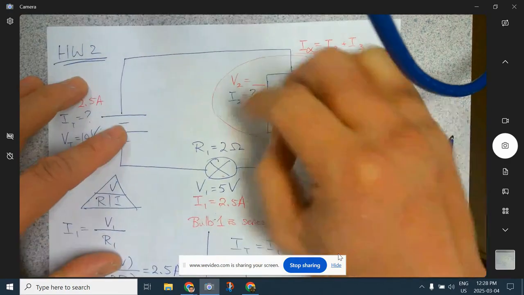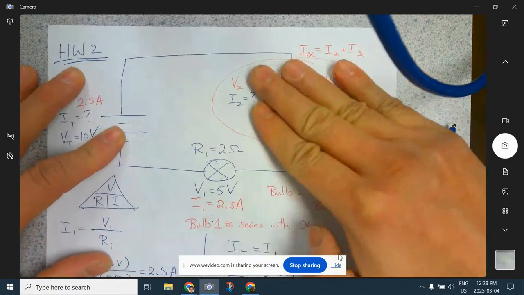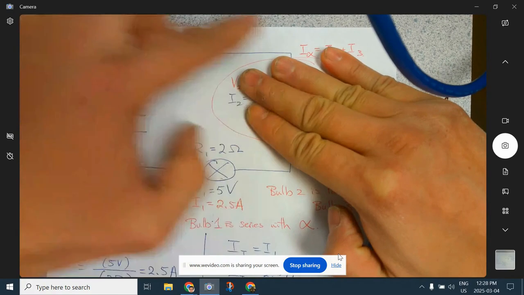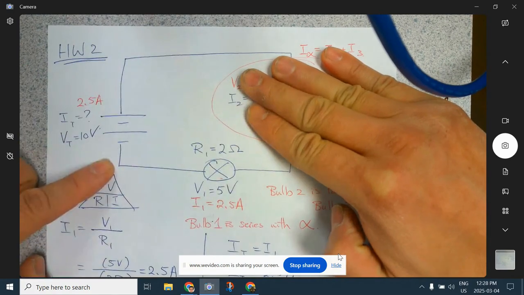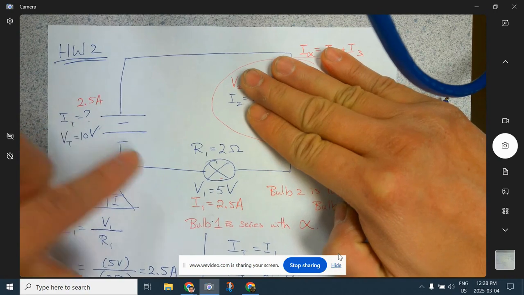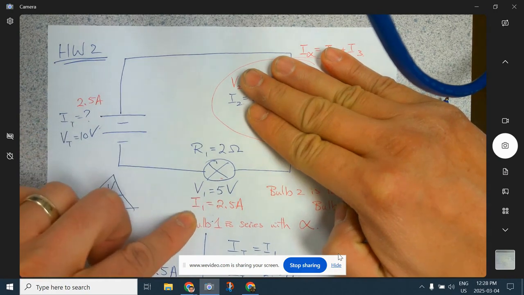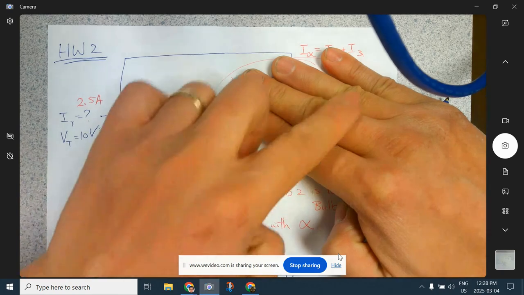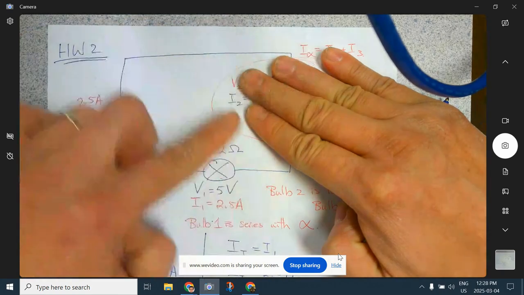So we cover this up and treat it as one load. This is a series circuit because it's just one load. So what it means is that I total would be equal to I1, which would be equal to the current of this whole entire thing.